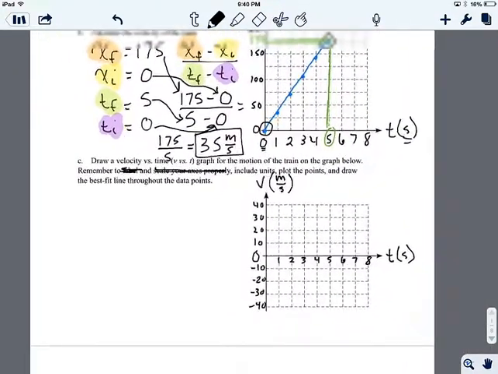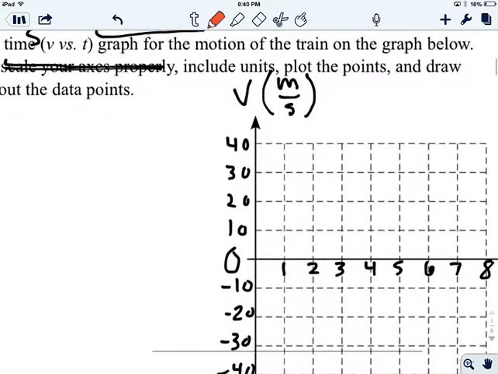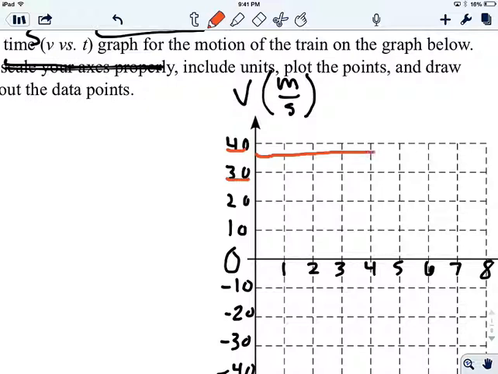All right, and I need to put 35 meters per second. So I know that for 5 seconds, this thing's going to go 35 meters per second. So I'm going to draw this in red. I'm going to go halfway between 30 and 40, and we're going to see 35 meters per second. That's a little bit high. That's okay. It doesn't have to be perfect. 35 meters per second, a nice flat line.